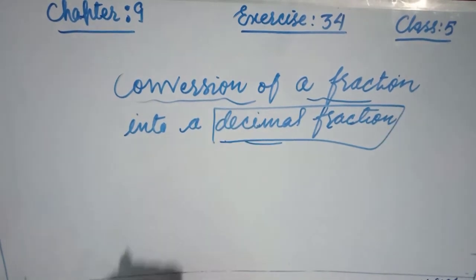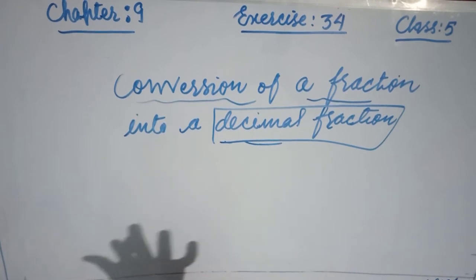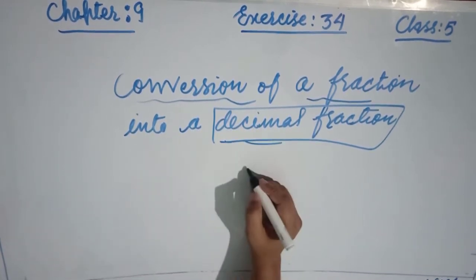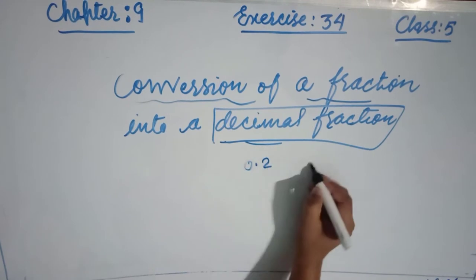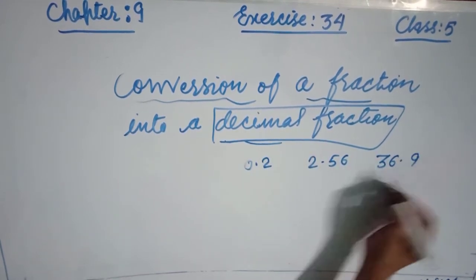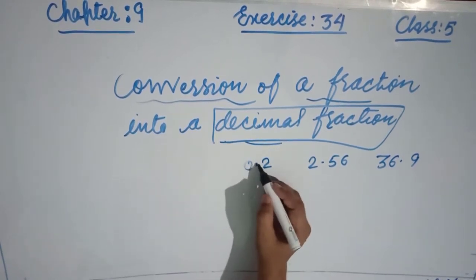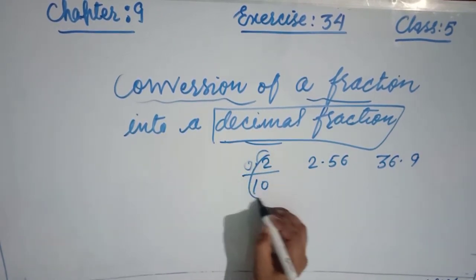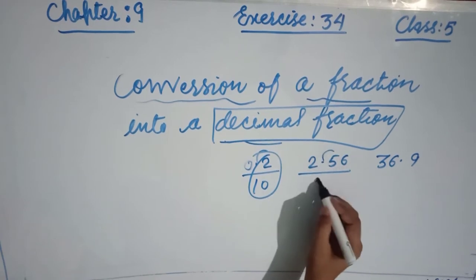Actually you had already learned in the previous video lecture about the decimal fraction. So the decimal fraction means fractions whose denominators are 10, 100, 1000, 10,000 and so on. These are called decimal fractions, and those are in decimal form, like 0.2, 2.56, 6.9, etc. This is 2 by 10, and this is 256 by 100.